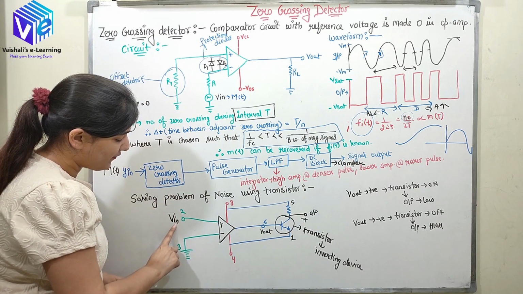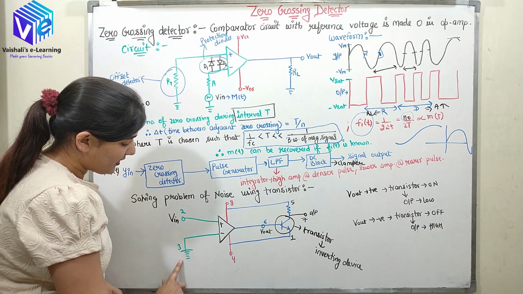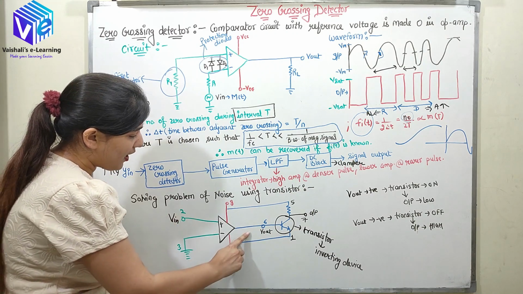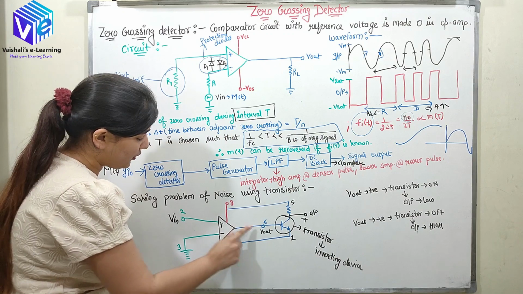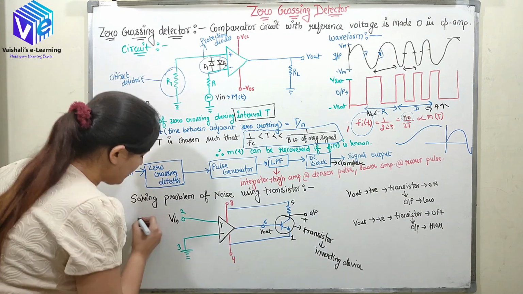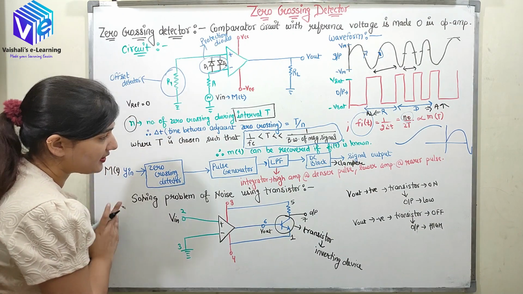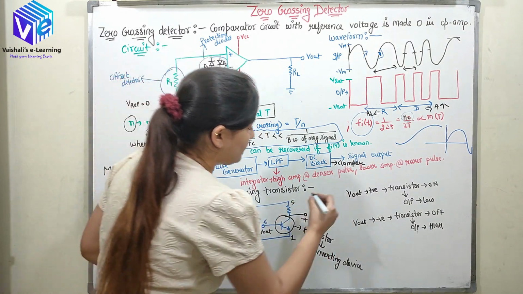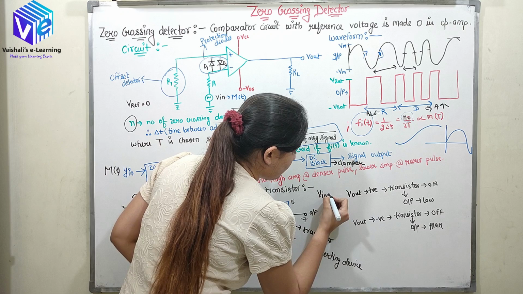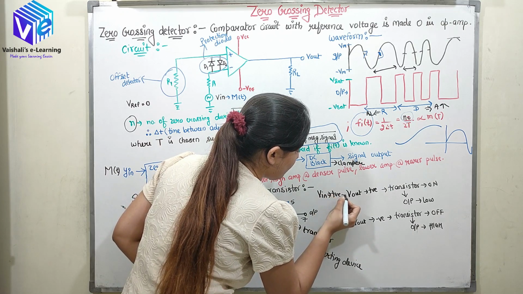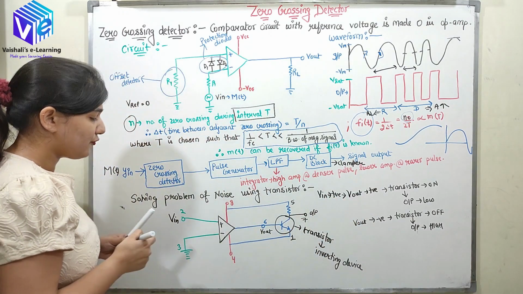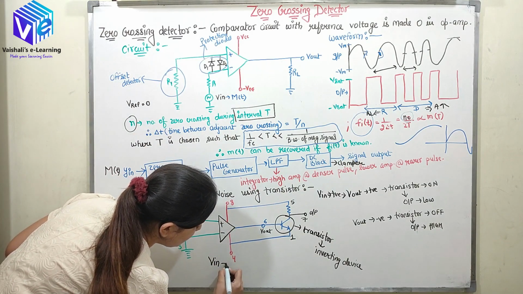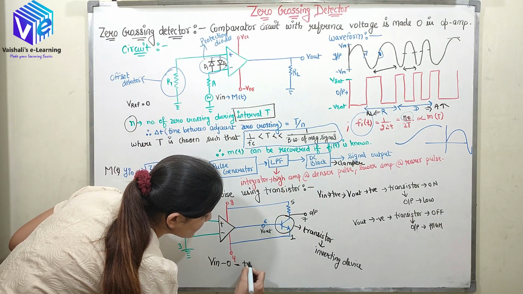So we have supplied our voltage to the positive terminal, and the other terminal is grounded. So here we'll be having the positive output on the positive input voltage. I have written it here. Whenever we have the positive input, V in positive, which implies the output would be positive. V in positive means the difference would be V in minus 0, which is positive.